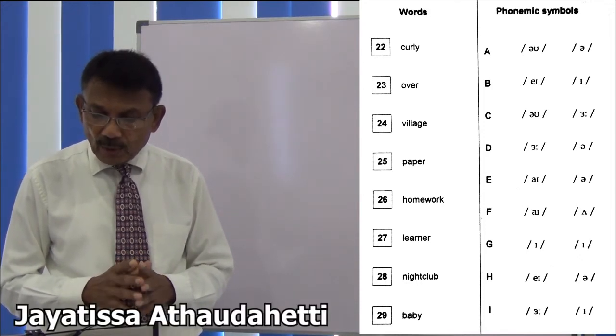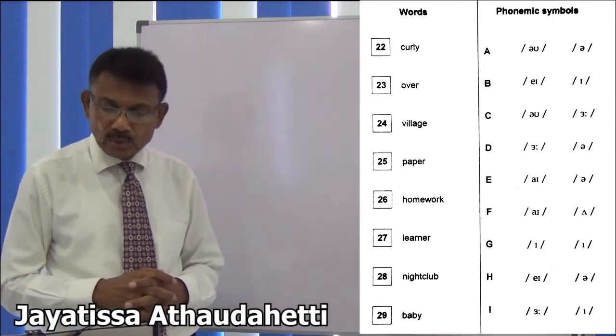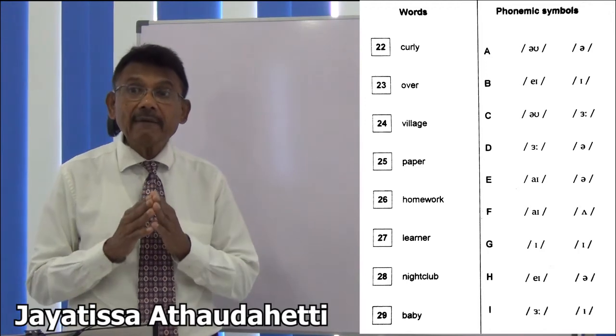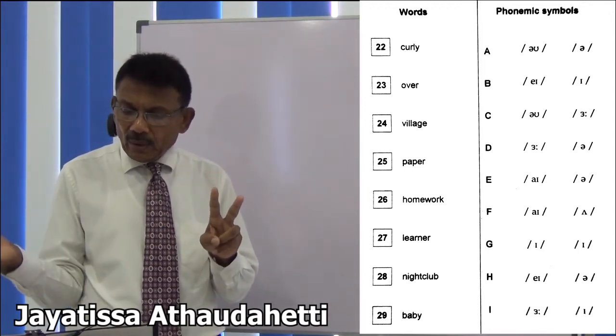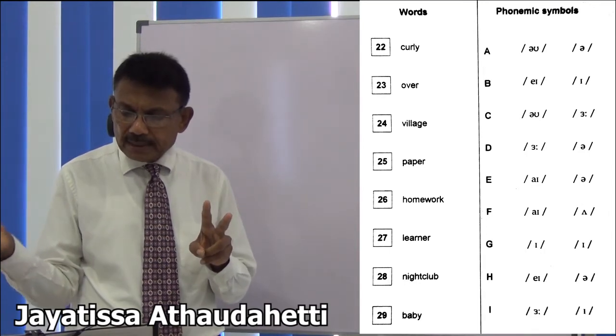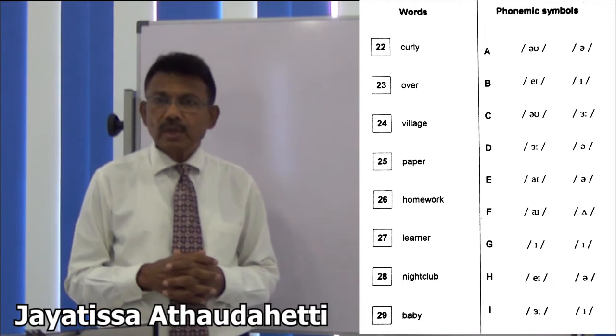There is one extra option which you do not need to use. All you have to do is read the word carefully, and there are 2 vowel sounds, and in the second column, the right hand side column, phonemic symbols are given. So you will have to choose.